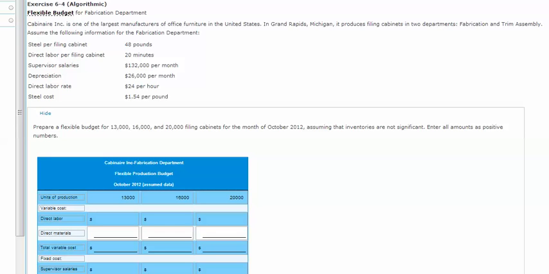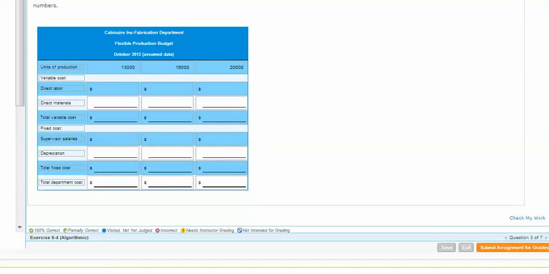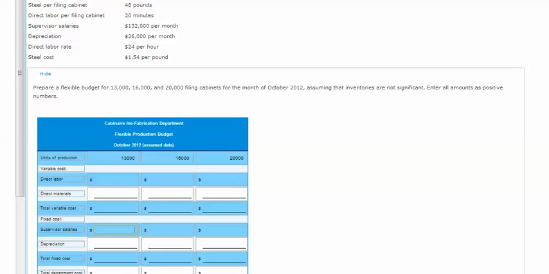Well, the supervisor's salary and the depreciation are per month, and those are going to be a fixed cost. So let's go ahead and add those two together, $132,000 plus $26,000, and that's going to be $158,000, which will be my fixed costs for each one of those months. So I'm going to enter those across.